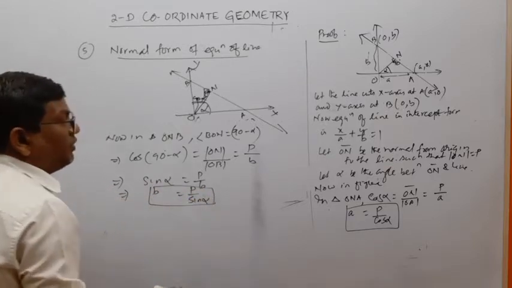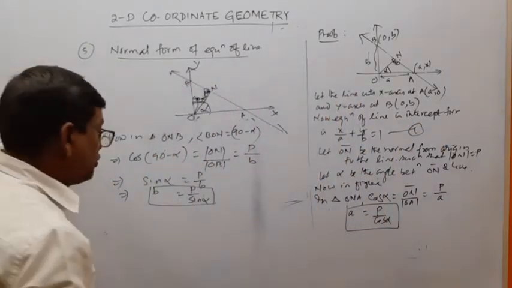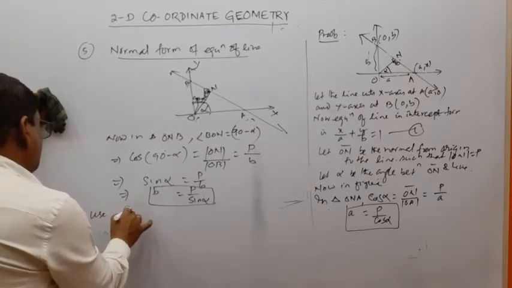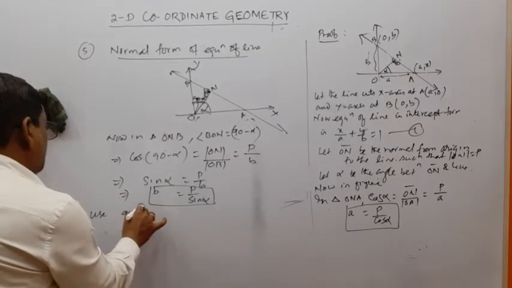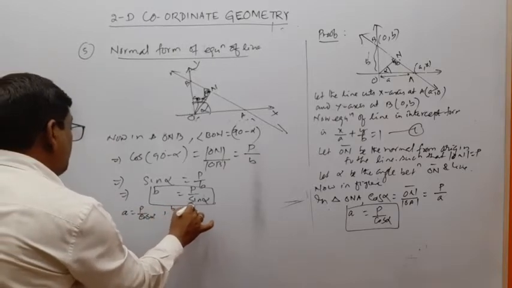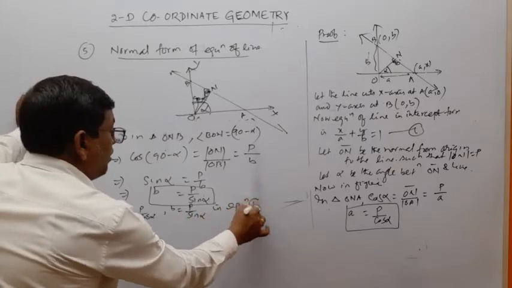Now the equation of the line is, suppose, equation 1. Use A equal to P by cos alpha and B equal to P by sin alpha in equation 1.